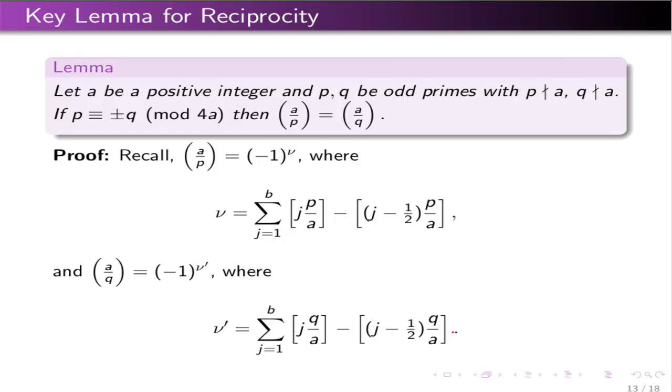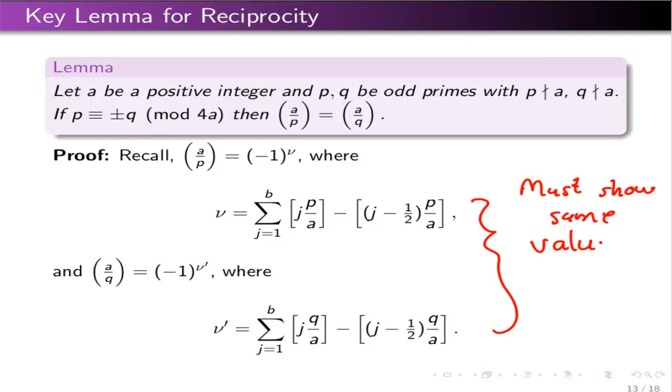And the claim is that these two quantities are equal. Must show same value. Well, same value means what? We're only interested in the evenness and oddness, because ν is up in the exponent here. Same value mod 2.